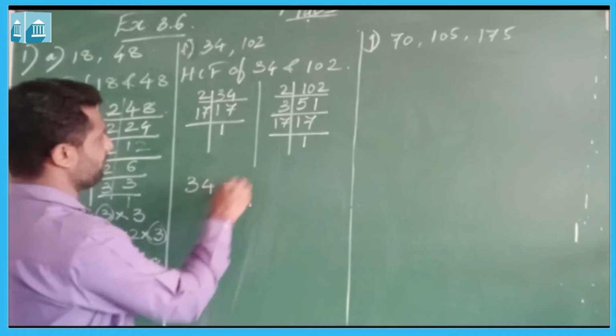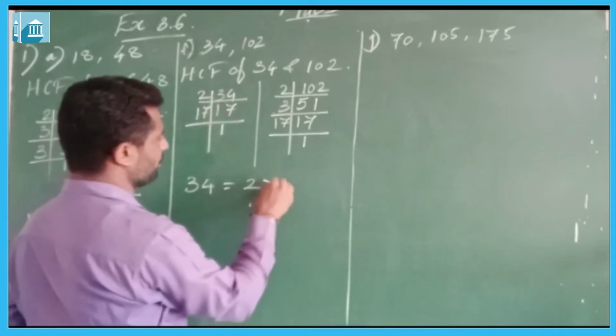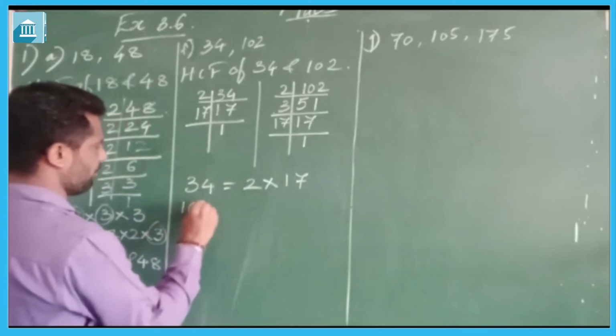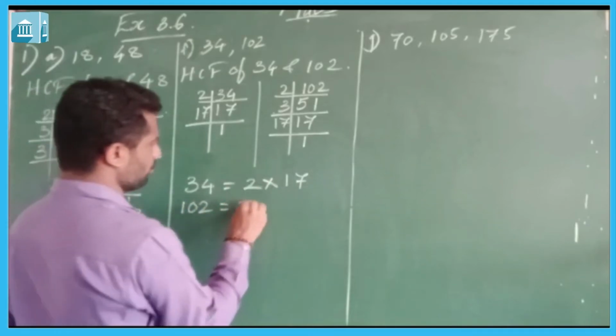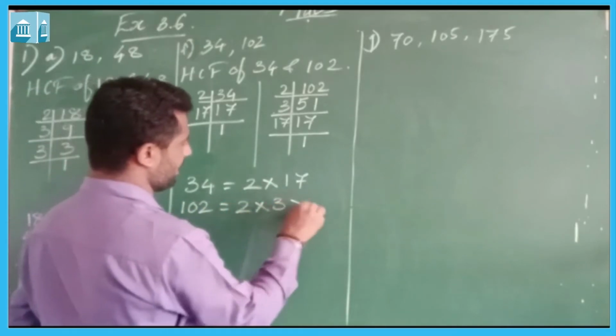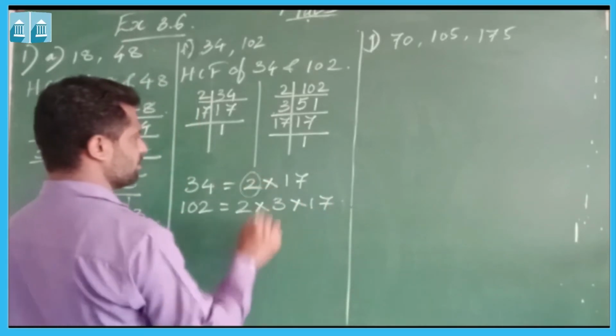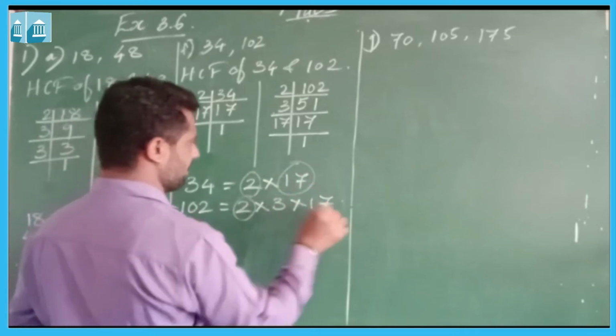So when we do the prime factorization of 34, it will be 2 into 17. Prime factorization of 102 is equal to 2 into 3 into 17. Now the common factors are 2 and 17.